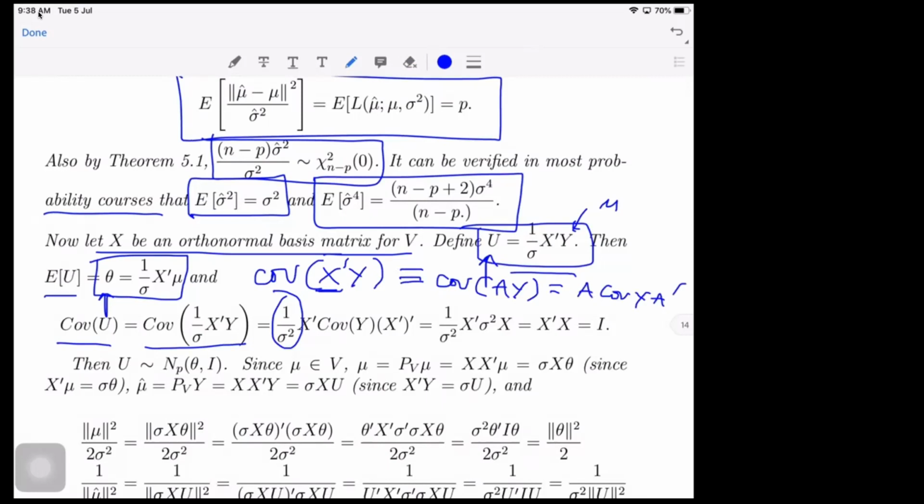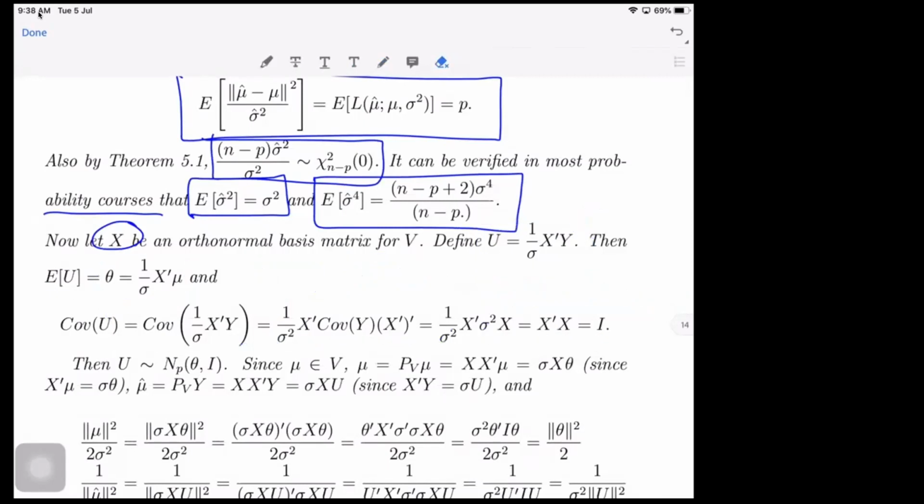So if we use this, you will have X prime covariance of Y X. But the covariance of Y is sigma squared, so this is cancelled with that. And we know that if X is an orthonormal basis, then X prime X is I. That is a result in chapter 3. Are you with me? Yes, ma'am.